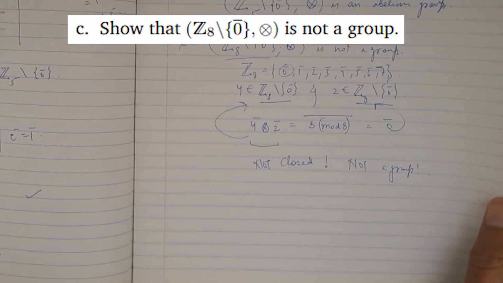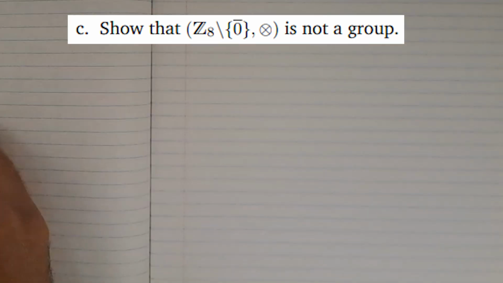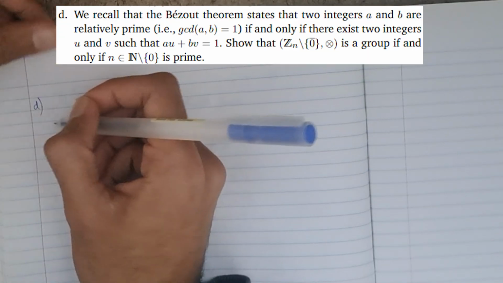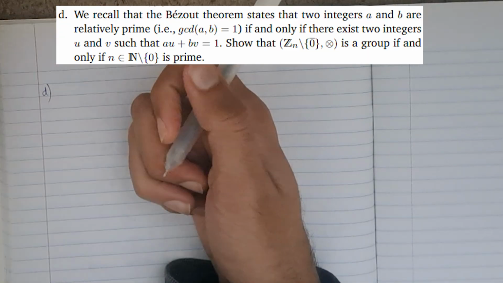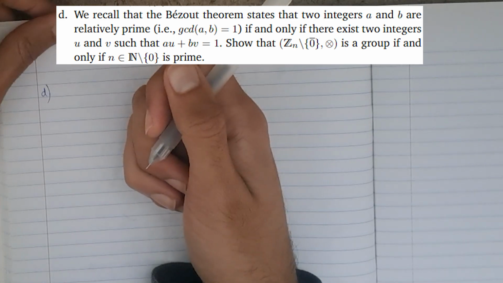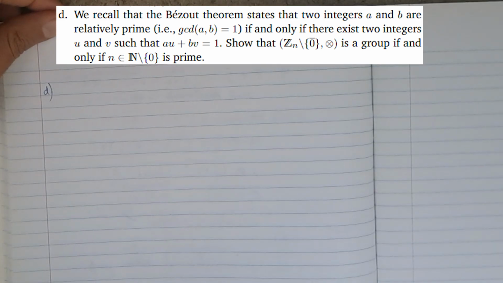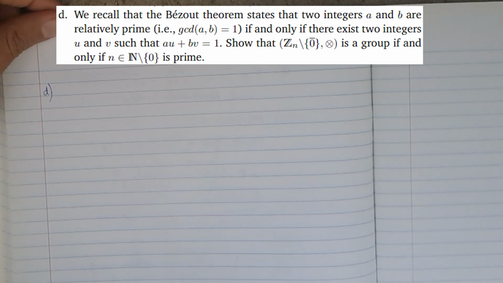Let's think about part D. Part D is interesting and should be fairly obvious if you understood part C. Part D says, recall the Bezout theorem states that 2 integers a and b are relatively prime if and only if there exist 2 integers u, v such that they can be written in such a linear combination.